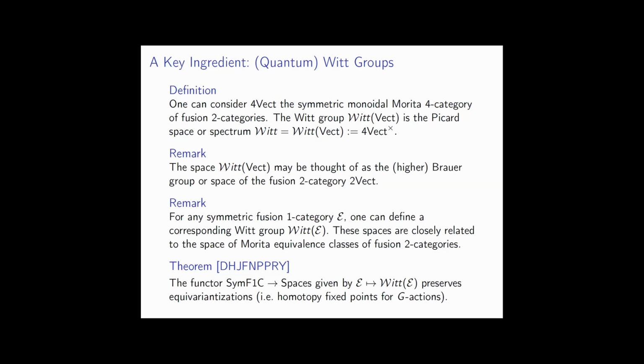And this is really important because all symmetric fusion 1-categories are actually equivariantizations of either Vect or SuperVect by a finite group.